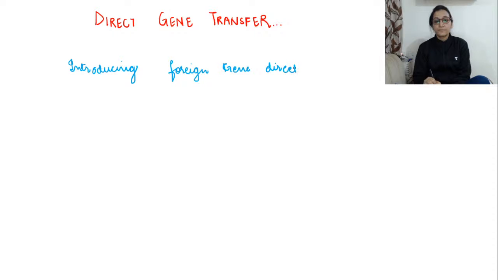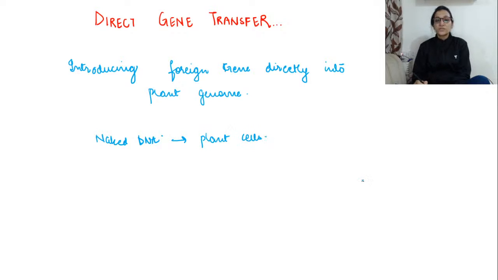Direct DNA transfer methods rely on the delivery of naked DNA into the plant cells. This is in contrast to the Agrobacterium or vector mediated DNA transfer, which may be regarded as an indirect method of transfer.